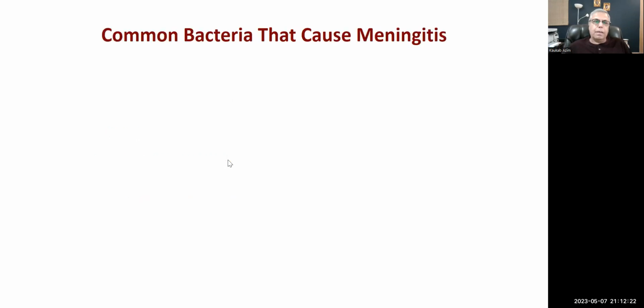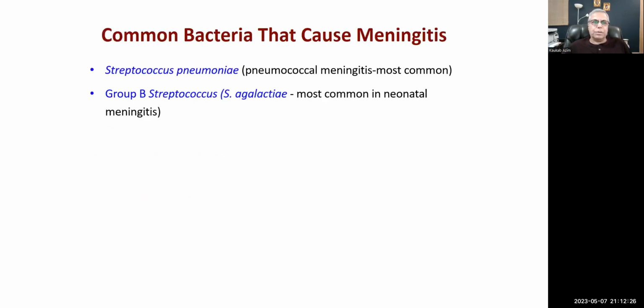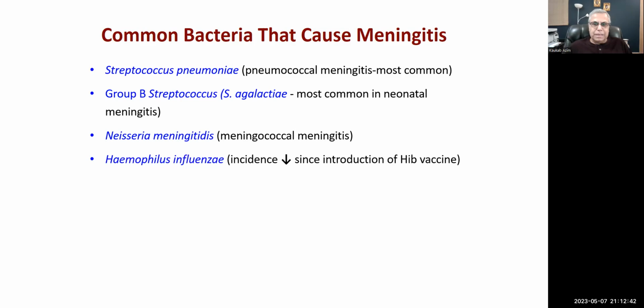Right, common bacteria that cause meningitis: Streptococcus, group B Streptococcus, which is Strep agalactiae, which is most common in neonatal, newborn, 1 to 4 weeks. Neisseria meningitidis is common. Haemophilus influenzae is common, but the incidence of H. influenzae has decreased because of the vaccine.